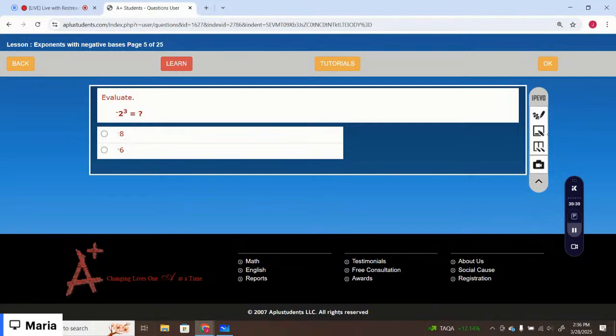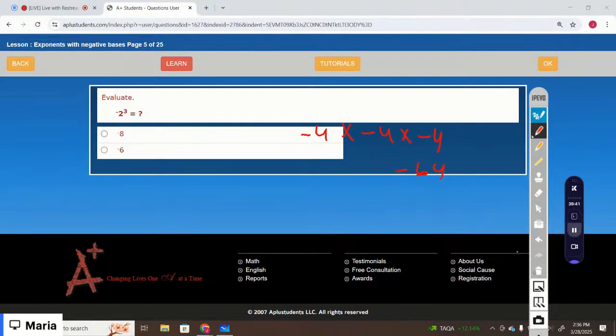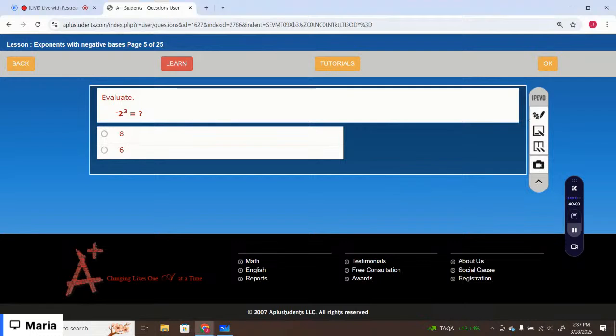Negative 2 cubed. So we have a negative sign on 2 cubed, which means we have to do 2 times 2 times 2. 2 times 2 is 4 and 4 times 2 is 8. That is negative 8. Option number 1 is the correct option.